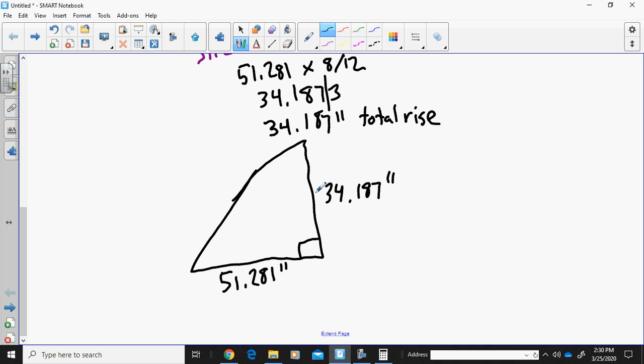And now we're into a right triangle, sides of a right triangle. So we're into c squared equals a squared plus b squared. So c being the common rafter length. So c squared equals a squared, doesn't matter, you can do either one, plus b squared.